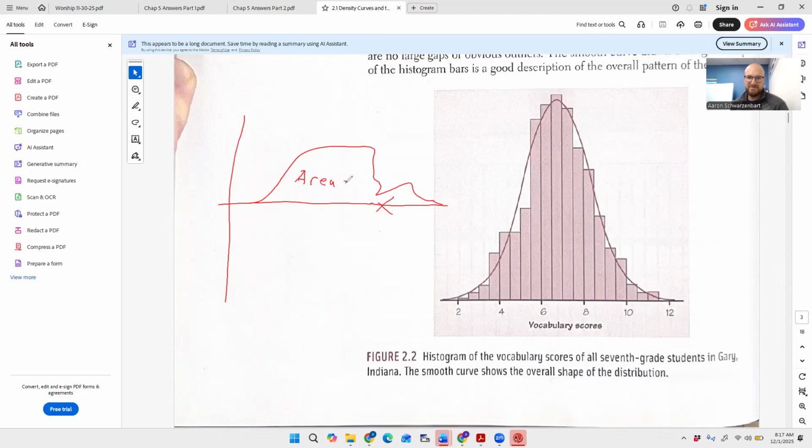The area under all density curves equals 1, aka 100%. That makes sense? That's what a density curve is.